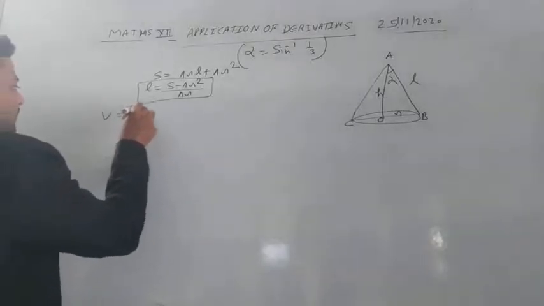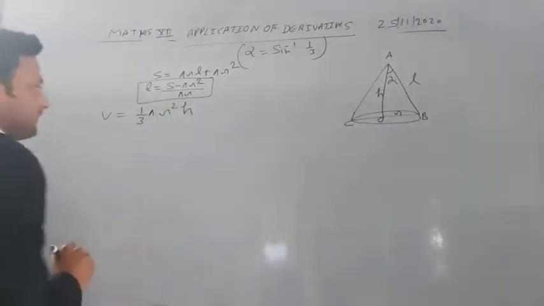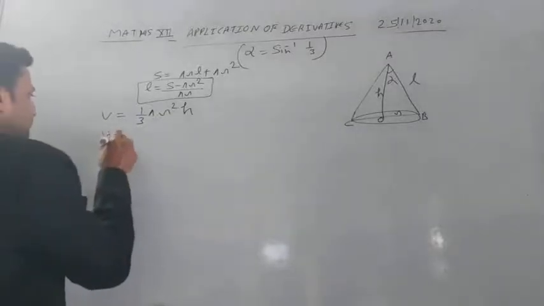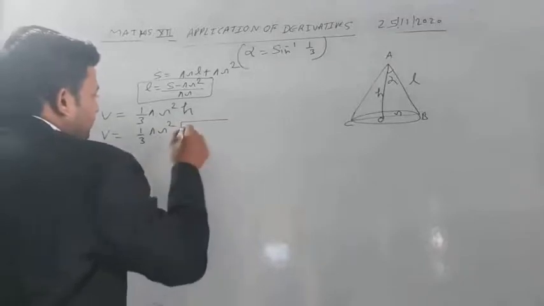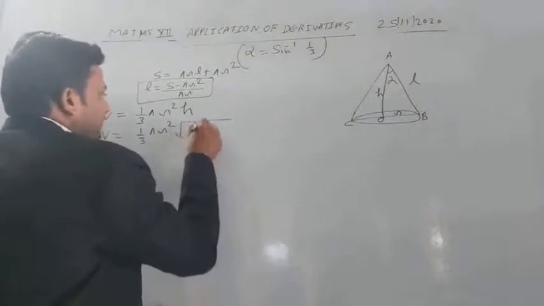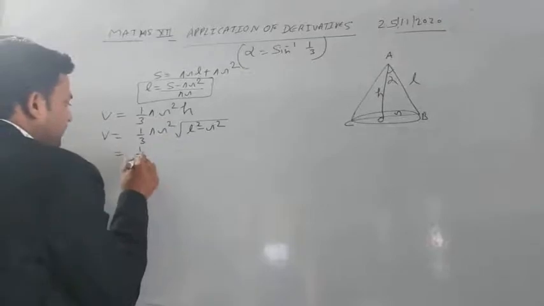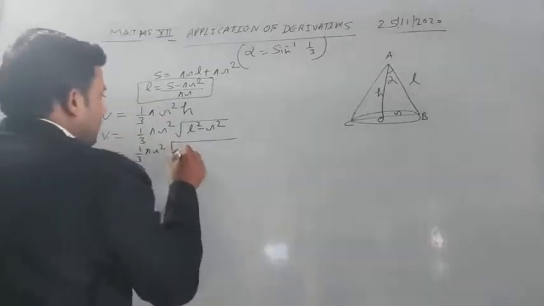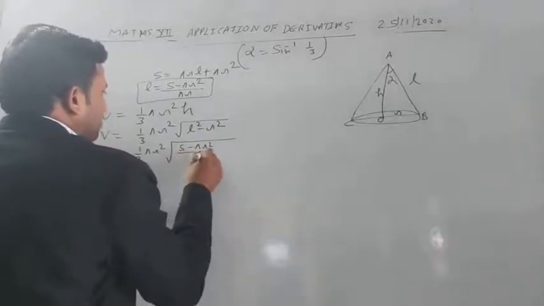Now we have to maximize the volume of the cone, which is 1 by 3 pi r square h. And you know that h is under root of L square minus r square, and we have already calculated L, which is S minus pi r square by pi r.